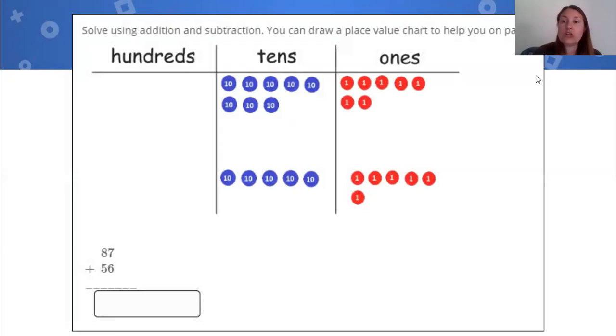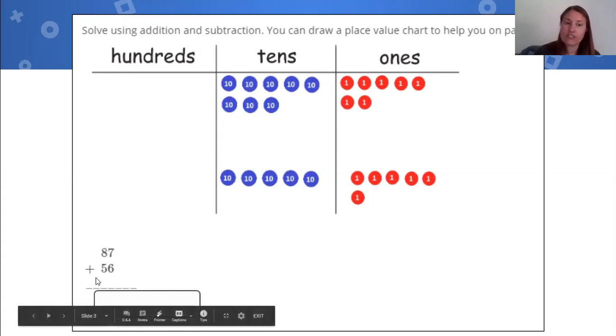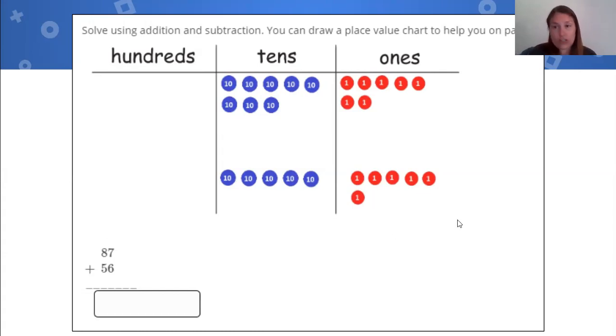Mrs. Jones also spent a very long time going over every part of this kind of problem super carefully. She was laser focused on showing you the strategies. So you're solving the problem, okay, 87 plus 56, and it's drawn up here in the place value chart. She wanted you to pay attention to a couple of things.